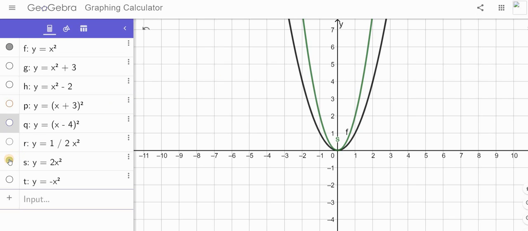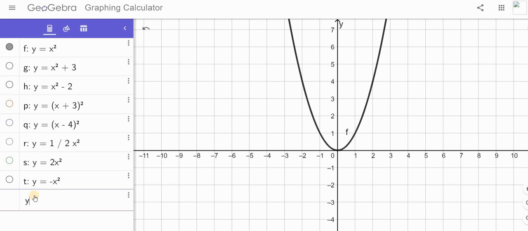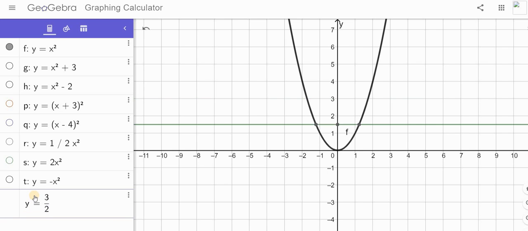Now, I do need to make a point here that just because you have a fraction, like y equals 1/2 x squared, doesn't mean that your graph is always going to be wider. What if I had the graph of, let's say, y equals 3/2 x squared?